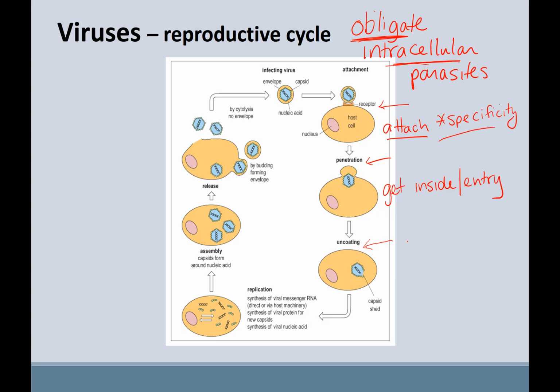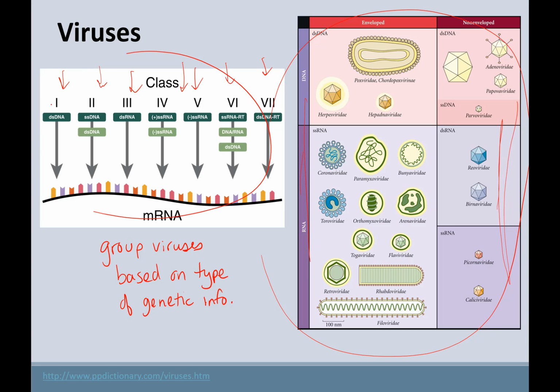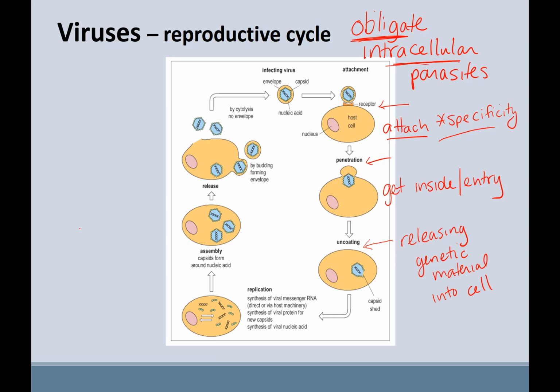Uncoating is the mechanism of releasing the genetic information, the genetic material, into the cell so that the virus can now start using the cellular ribosomes and different enzymes in order to make more virus parts. We go into details of lots of different strategies that viruses have. All those different classes of viruses have different strategies to do these first few steps. Then it becomes very similar.